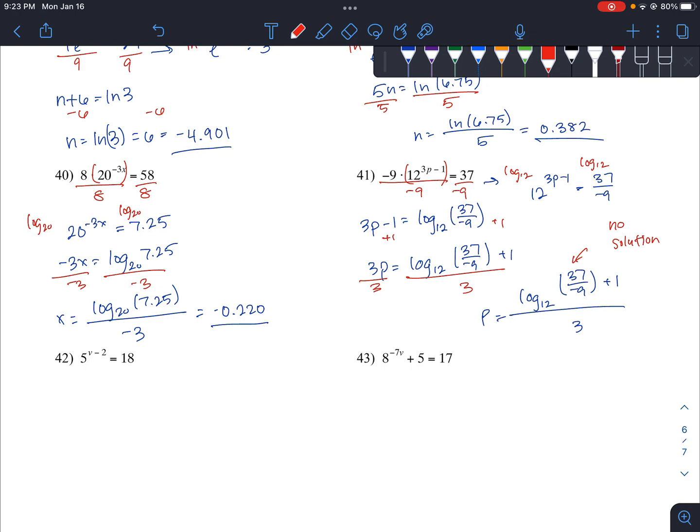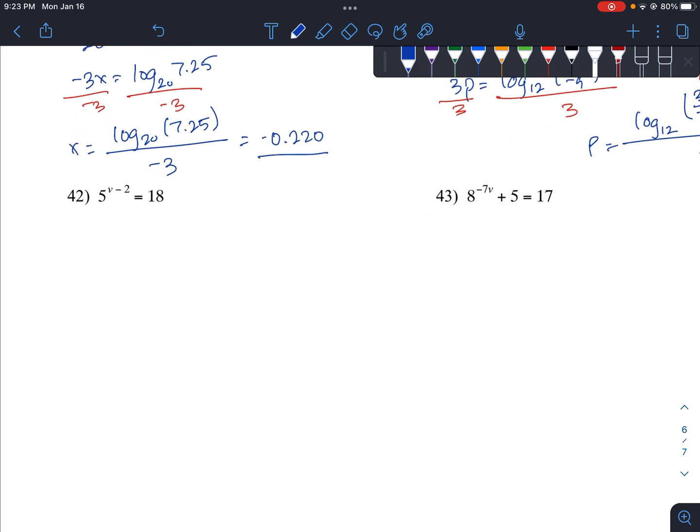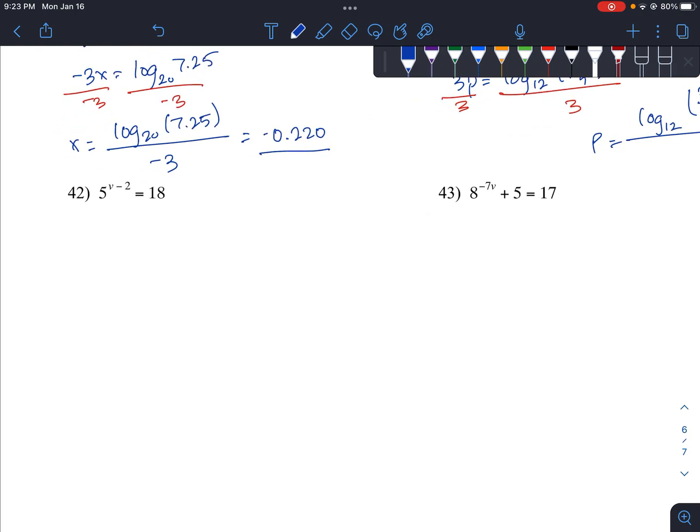But, oh well. For 42, we have 5 to the v minus 2 equal to 18. Since this is already isolated, let's go ahead and use a log base 5 on both sides. Then I'll have v minus 2 is equal to log base 5 of 18.